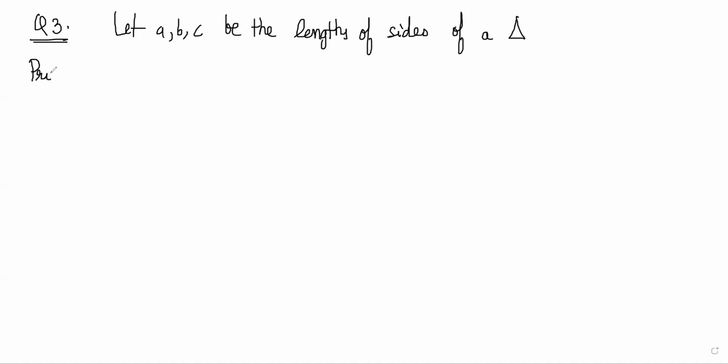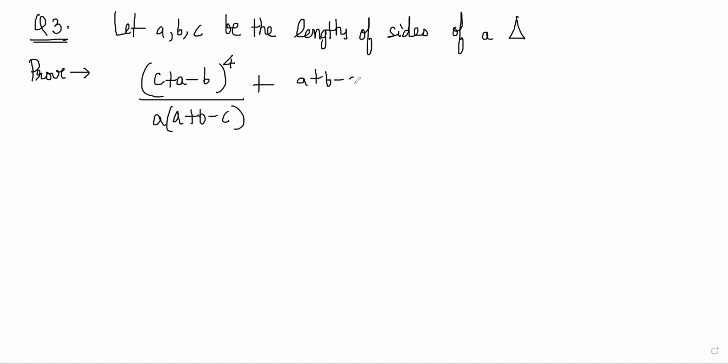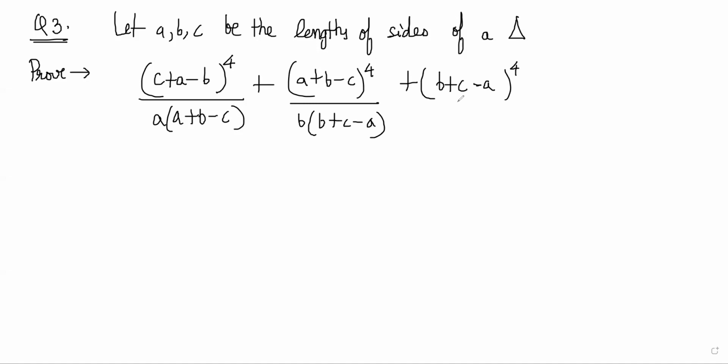We have to prove that (c + a - b)⁴ / (a(a + b - c)) + (a + b - c)⁴ / (b(b + c - a)) + (b + c - a)⁴ / (c(c + a - b)) is greater than or equal to ab + bc + ca.